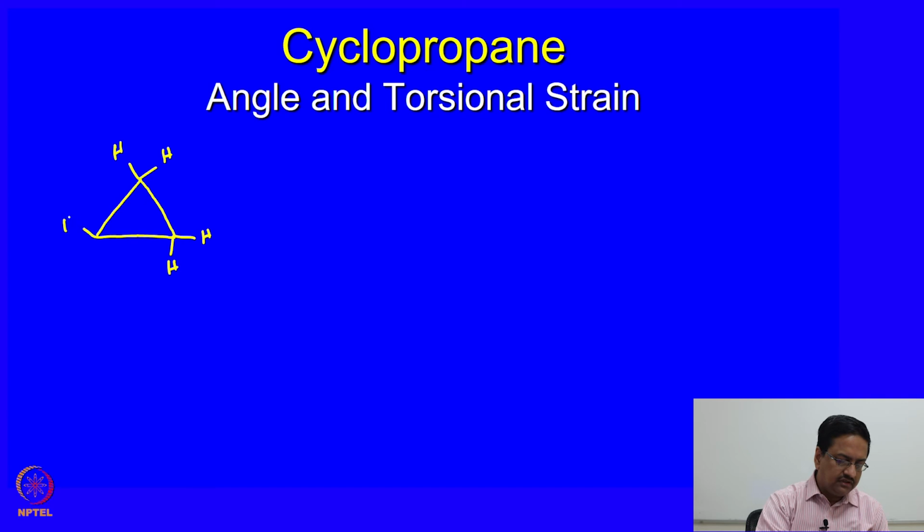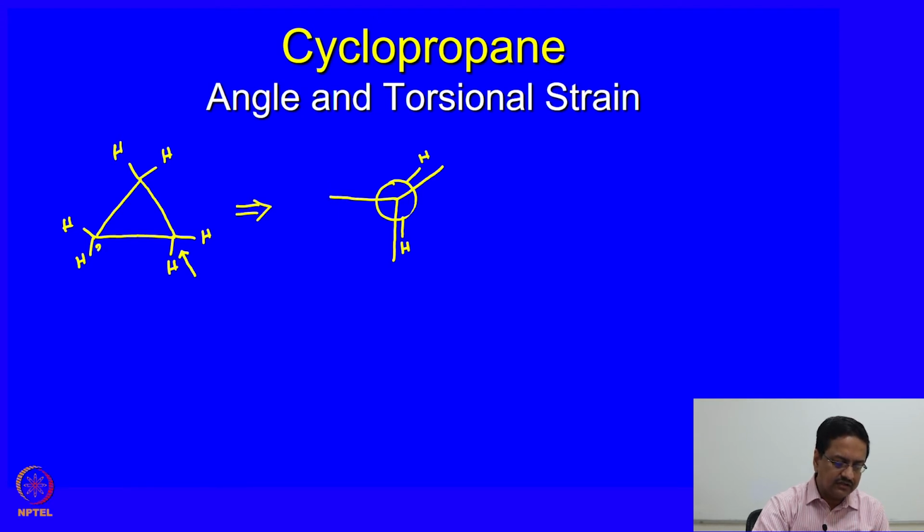If I draw this molecule by looking through this C-C bond, in Newman projection, it would look like this. On the front carbon, we will have 2 hydrogens. On the back carbon as well, we should have 2 hydrogens in the eclipsed conformation.